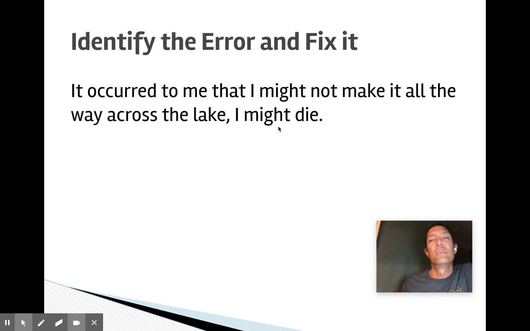Might is the verb, and die is what might happen. But in any case, you have a subject and a verb and a complete thought. And so it's a complete sentence, which makes this a comma splice. So you put a semicolon there, or a period, however you want to do it.